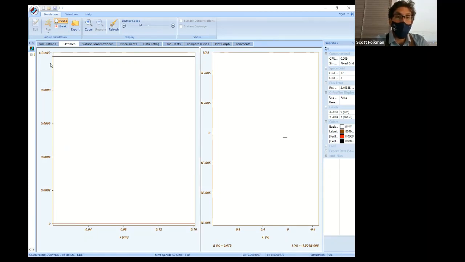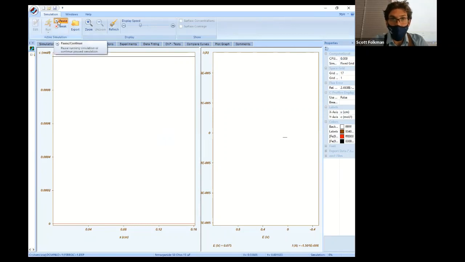On the y-axis we're looking at the relative concentration. Over here at the bulk, I believe in this simulation, I have 5 millimoles per liter of iron 2+, and at the bulk I have 0 millimoles per liter of the iron 3+. This is going to show us the concentration profile as we evolve in this cyclic voltammogram.